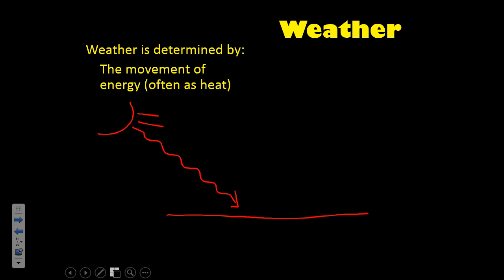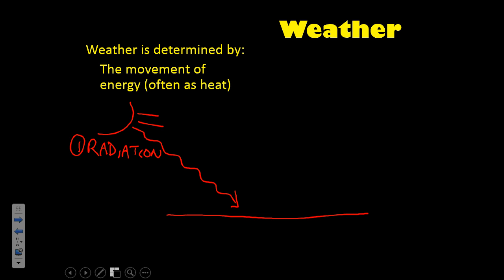The way that it reaches the Earth is through a process called radiation. Now, fortunately for our sake, radiation doesn't require a medium to travel through, meaning that it doesn't need to travel through air or water or something, which is great because it's got to travel through space to get to the Earth. So radiation is how Earth gets its energy to start with.